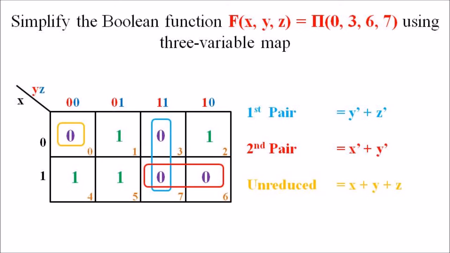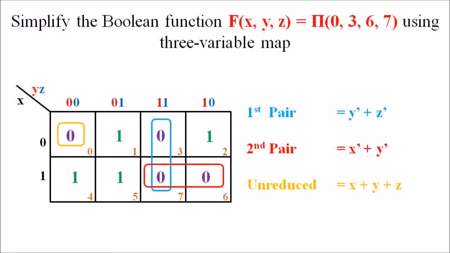Now the second pair, the pair marked in red, has x equal to 1, since this pair lies in the second row, and it lies in column 3 and column 4. The value of y is 1 in column 3 and also 1 in column 4. But the value of z is 1 in column 3, while the value of z is 0 in column 4. Hence, the value of z is changing. We should not consider z in the final reduction.